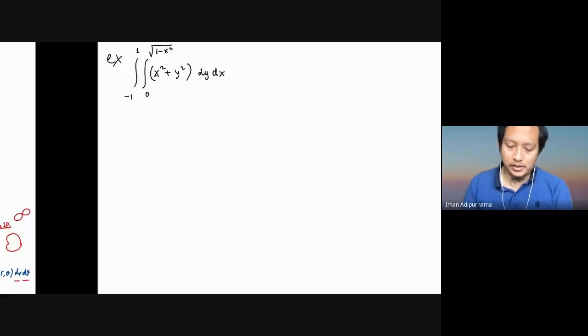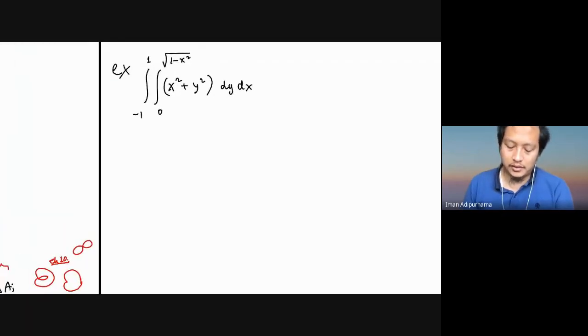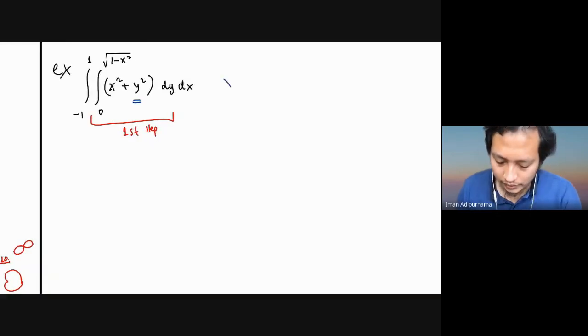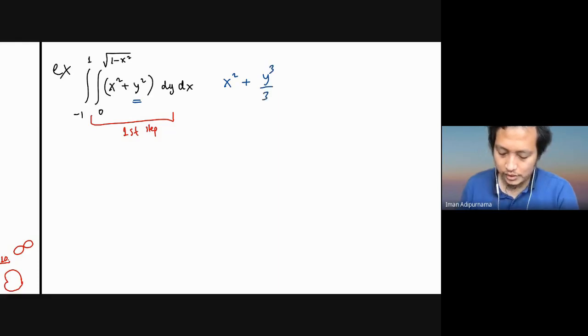Of course, if you look at the integral, there's nothing wrong with the integrations. We can do the inside integration first, integrating with respect to y. Then you have x squared y, plus y cubed over 3, right?